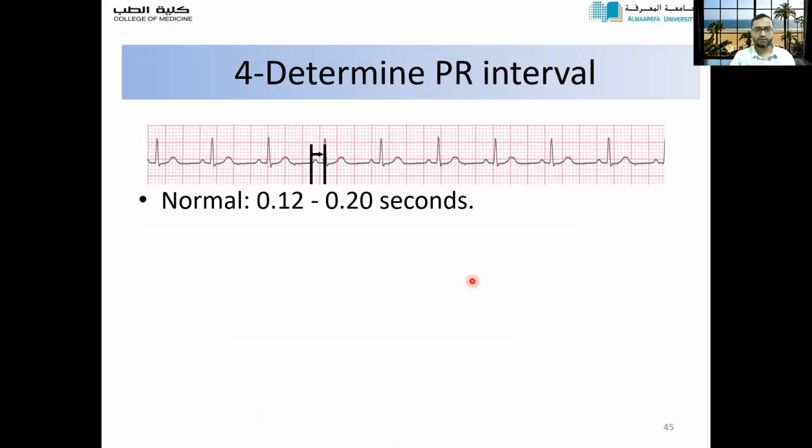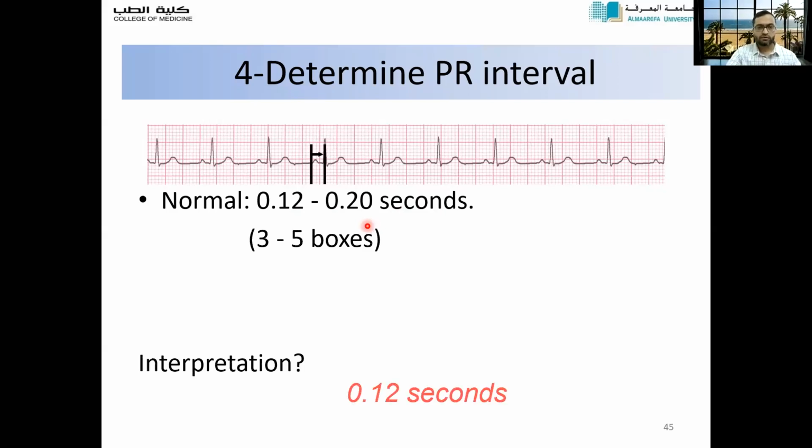The clue I have given you is that it should not cross more than 5 millimeters, that is 0.2 seconds. The value we are getting here is 3 small squares, so it is 0.12 seconds.